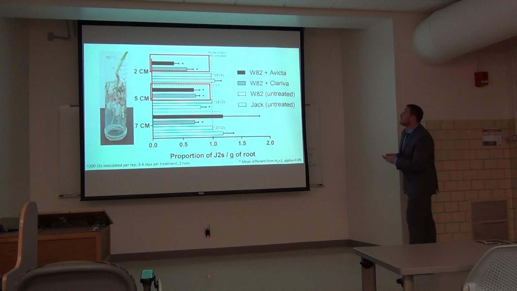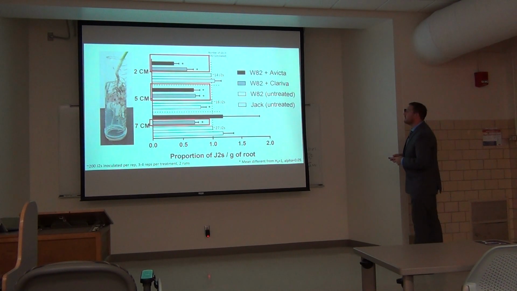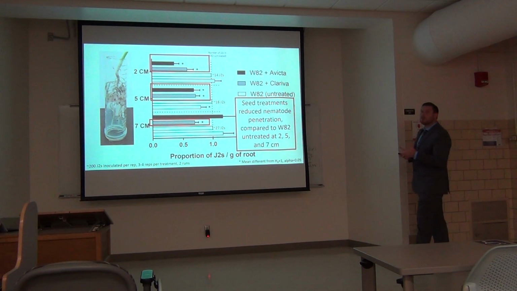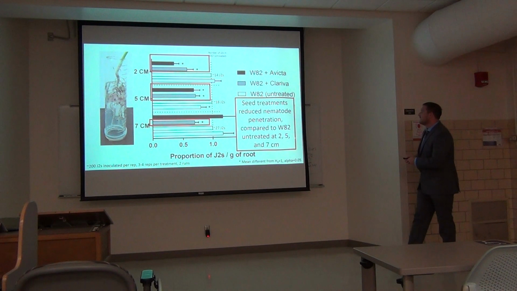Looking at 5 centimeter depth, we still see fewer nematodes compared to our untreated control. A little bit more than at 2 centimeters, but our treatment's still working at 5 centimeters in depth. Looking at 7 centimeters, we just see the Avicta treatment working. Cloriva didn't move down that far. So our seed treatments were able to reduce nematode penetration at these 3 measured depths: 2, 5, and 7 centimeters.